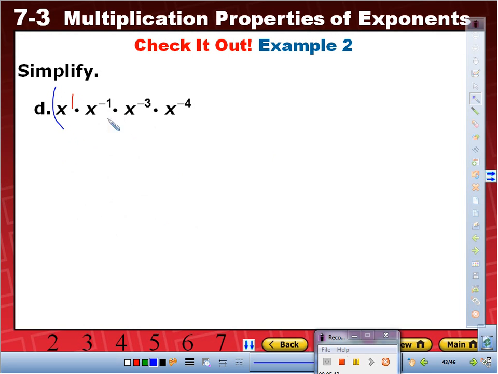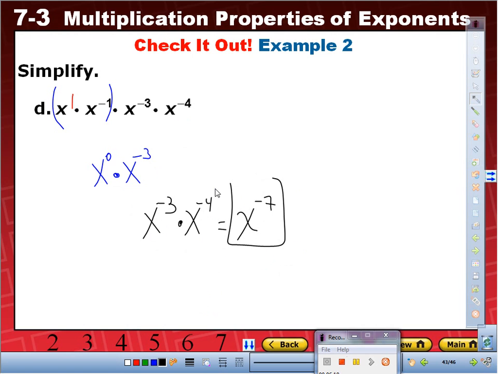So you associated these two, and what did you get? X to the 0. And I'm going to bring down the next one. What do you get there? X to the negative 3. I bring down the other one. And what do you get there? X to the power negative 7. And like I said, we're going to do one more step once we get this. For right now, I'm good with this.